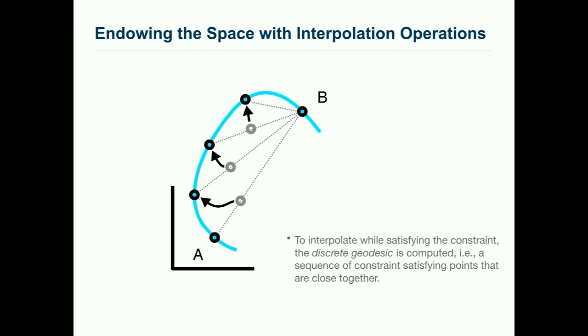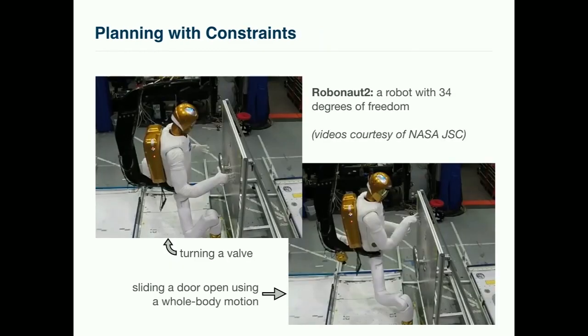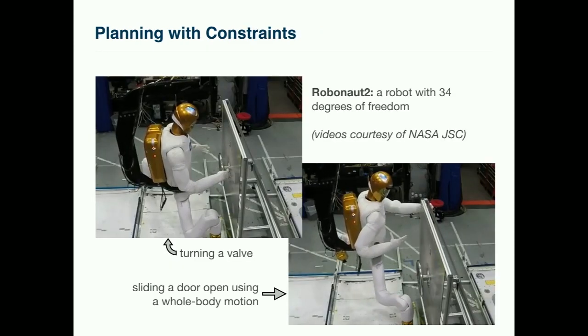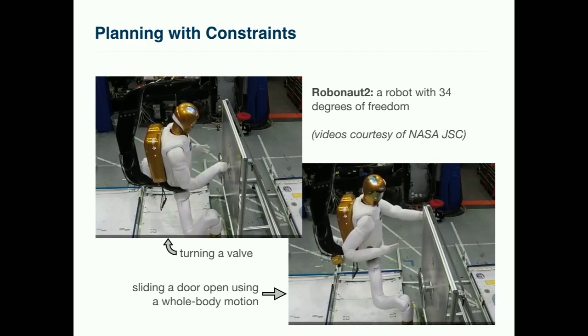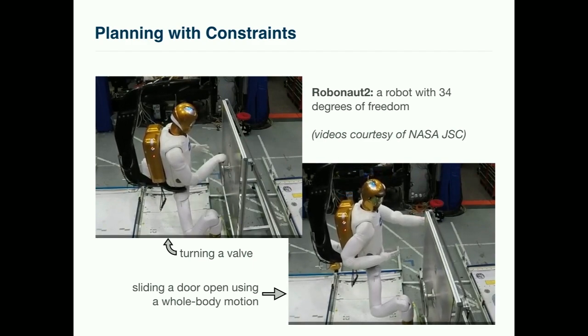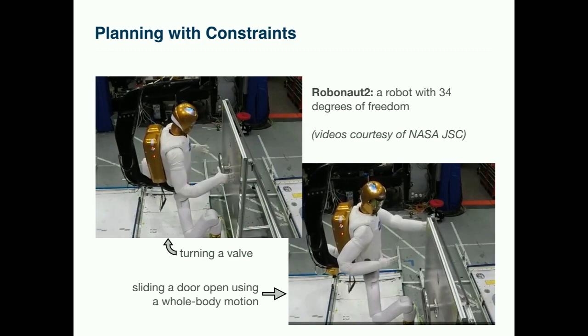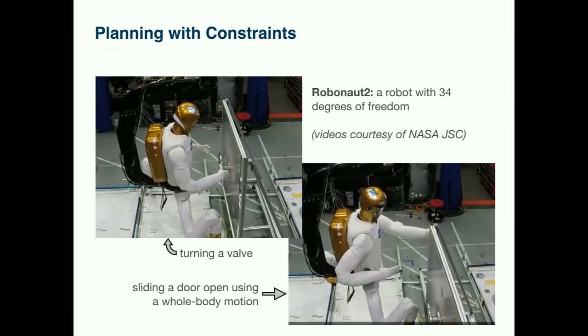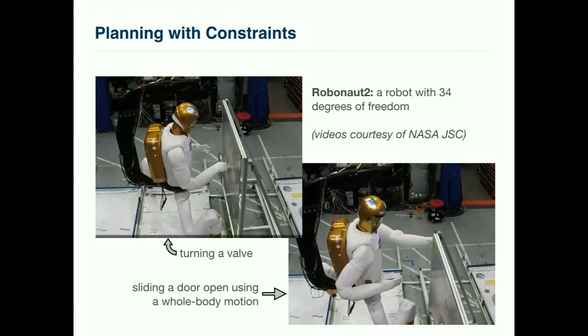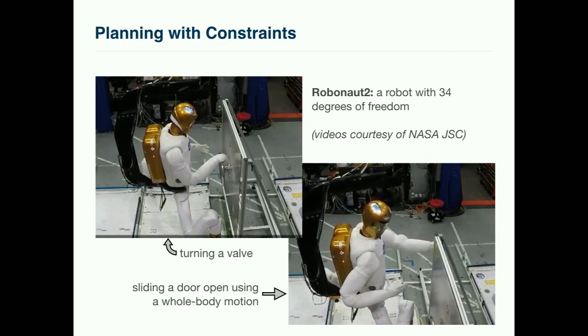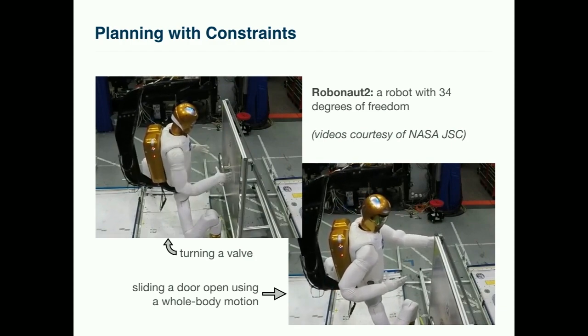And we also understand how to compute a discrete geodesic, that is, to interpolate, always satisfying the constraint. So we have been able to use different sampling-based planners underneath, and at the same time, with this recent work, turn valves and slide doors open and try to make this robot a useful robot in the space station.